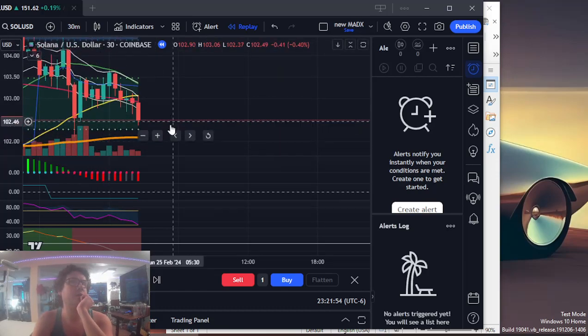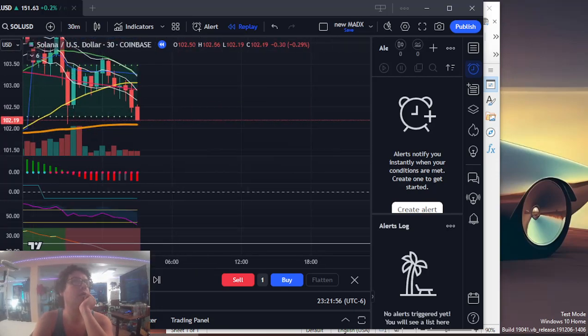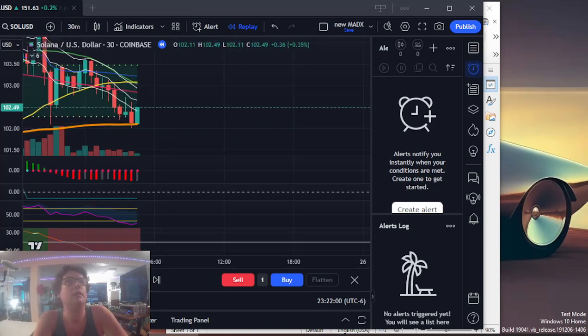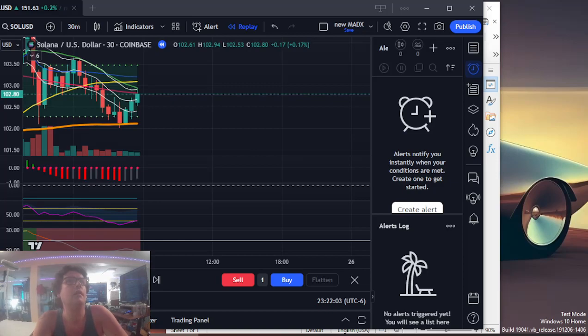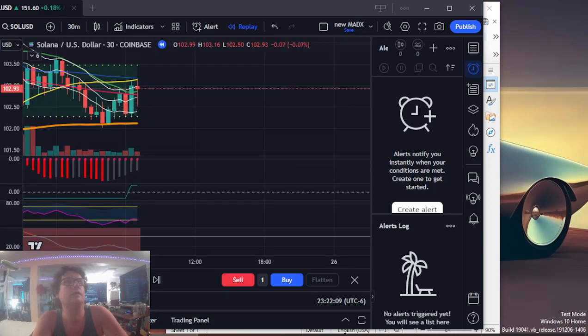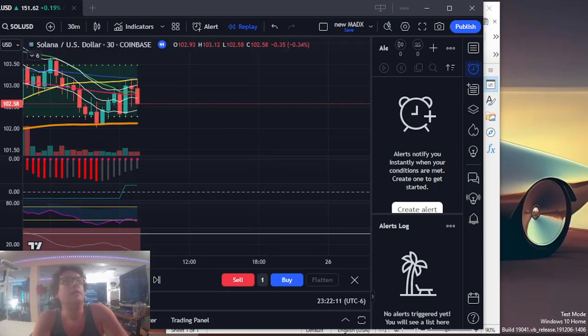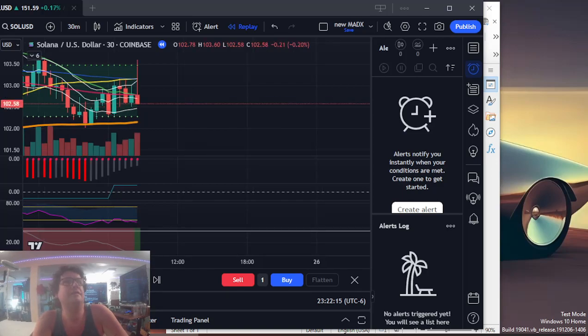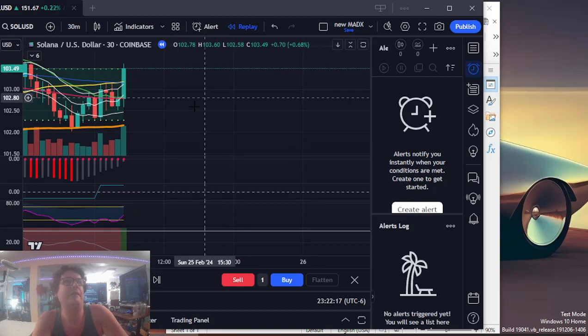Not enough room with the orange. Please break out. There we go. 1, 2.